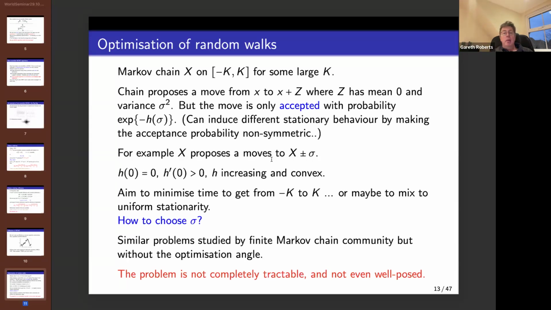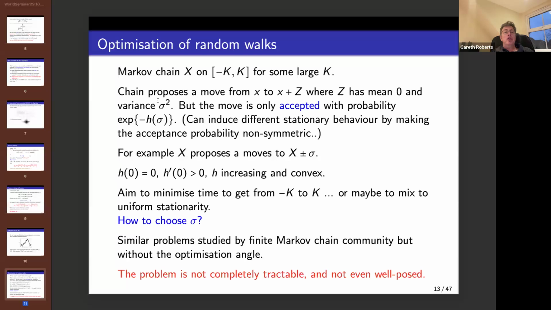So we move plus or minus sigma, but then we only accept with this probability. Now, to make this into a lifted Markov chain, we would have to change momentum every time we reject, so we'd have to jump down to the negative replica. But at the moment, we're just interested in this as a reversible scaling problem, so we don't have non-reversibility here.